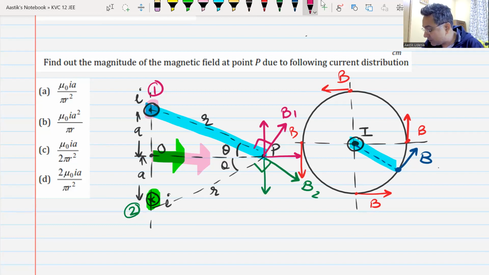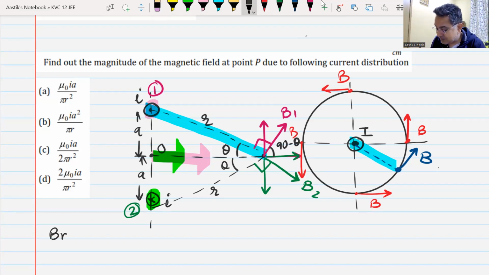The net field will be this component of B plus this component of B getting added up. This angle would be 90 minus theta. Yes or no? Yes, sir. That is your answer, sir.